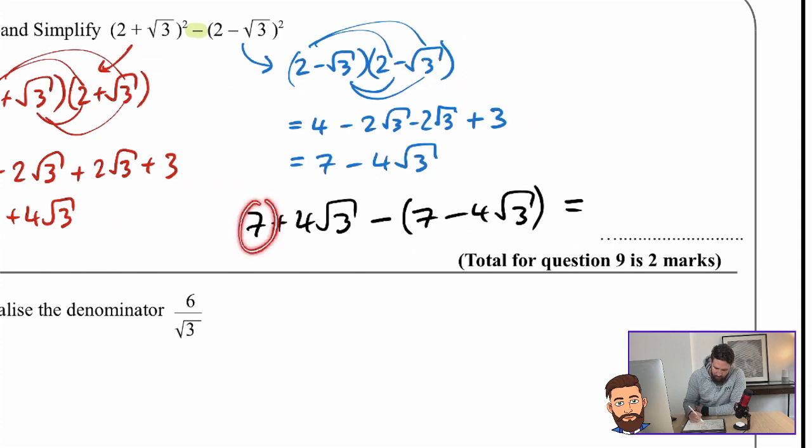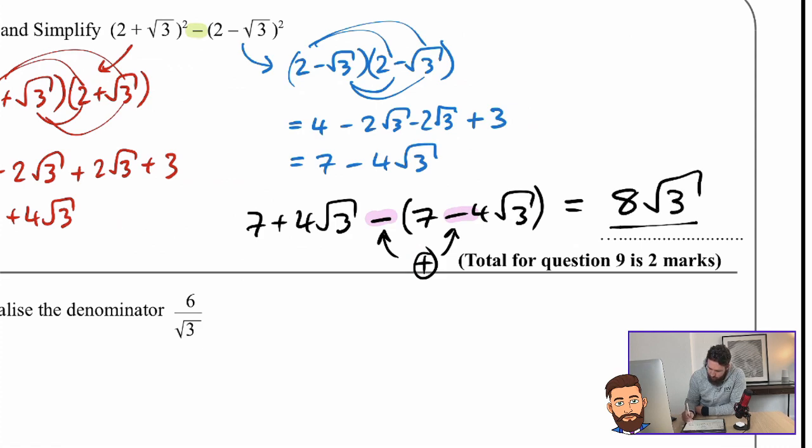Now, if we look at this question now, we're not going to get 0. Because 7 minus 7 is 0, so that's gone. 4 root 3 minus 4 root 3. Well, we know, don't we, that a minus and a minus is a plus. Okay, a minus and a minus makes a positive. So that is actually saying to us 4 root 3 add 4 root 3, which is 8 root 3.